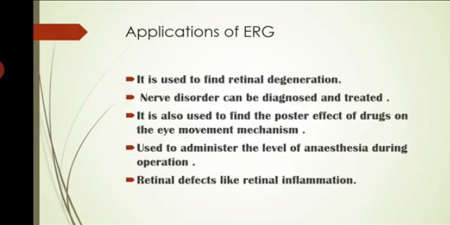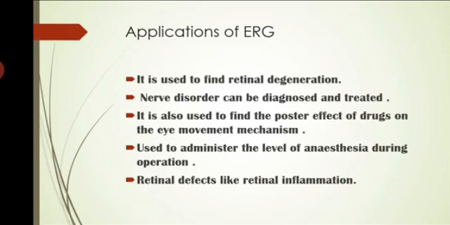Now we will see the applications of ERG, electroretinogram. This ERG is used to find retinal degeneration. Second, nerve disorders can be diagnosed and treated using ERG signals. It is also used to find the after effects of drugs on the eye movement mechanism.